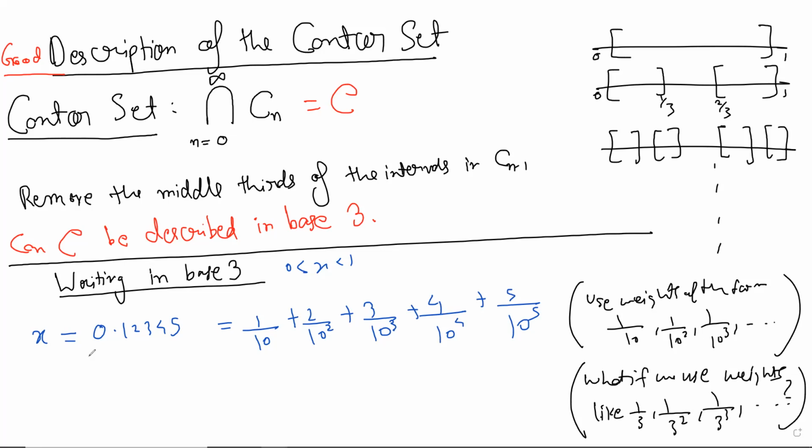Can we still write any number X uniquely? Can X be written uniquely using 1 by 3, 1 by 3 square? This is a fundamental question.